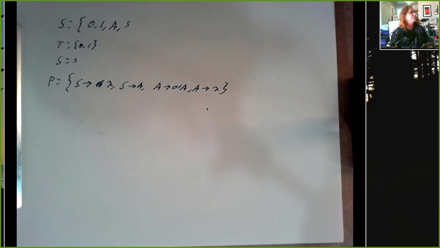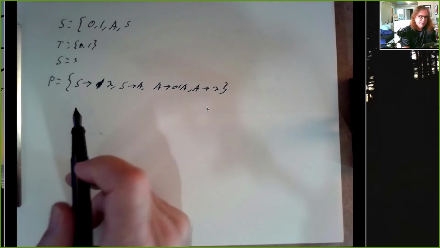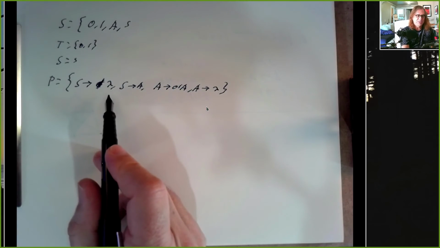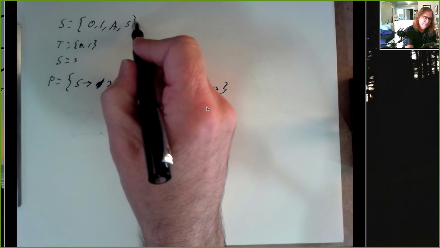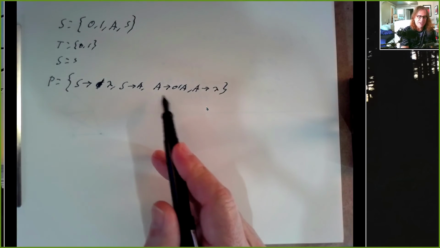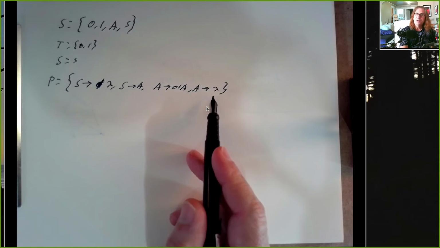Our start symbol can go to the empty string, or it can go to the symbol A. And the symbol A can go to either 01 followed by an A, or it can go to an empty string.